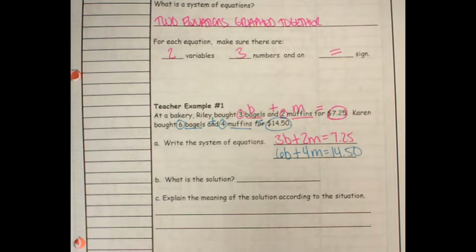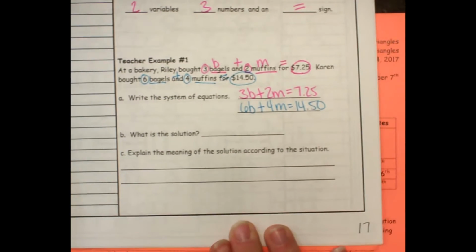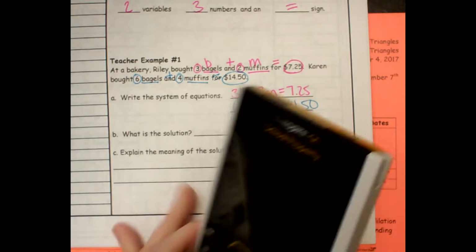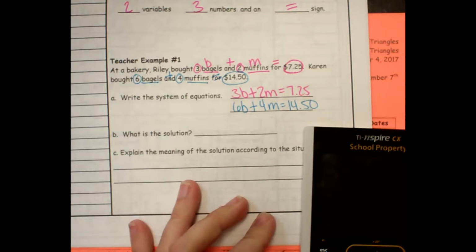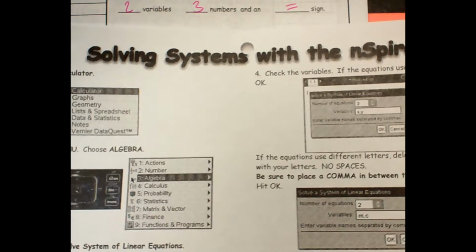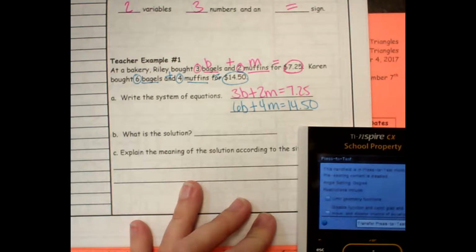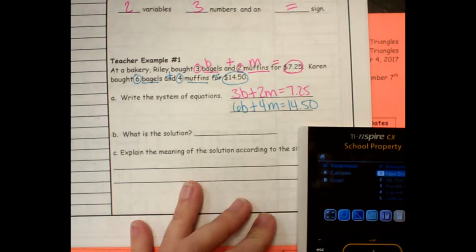So what is the solution? This is the new part today. We're going to use our calculator to help us answer the questions. Following the steps on page 15, solving with the calculator, the Inspire: step 1, we go to new document.